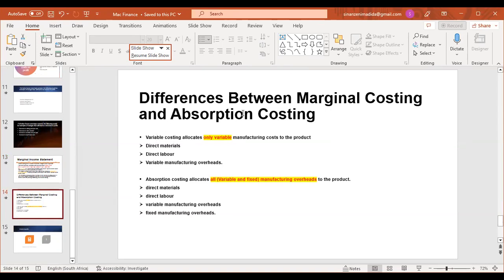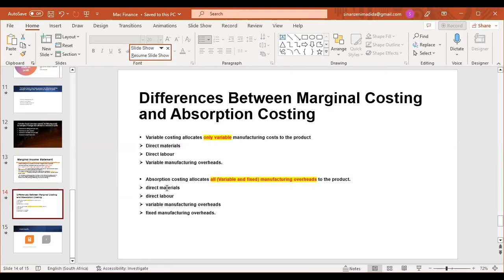In marginal costing, we allocate only variable manufacturing cost to the product. This is what I showed you: direct material, direct labor, variable manufacturing overheads. Absorption costing allocates all variable and fixed manufacturing overheads to the product.